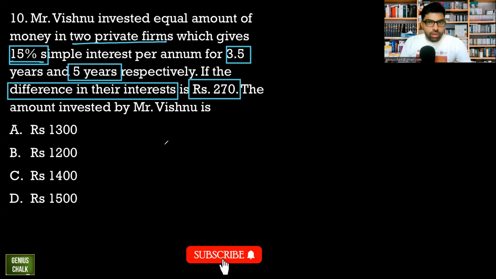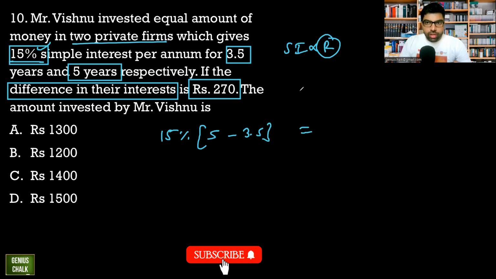Okay, so 15%, you see, rate is same. Simple interest depends upon rate, and rate is same, right? That means 15% is same, so the difference is in the years. So 15%, 5 minus 3.5 years is the value of the simple interest. So what I'm doing is calculating the difference.